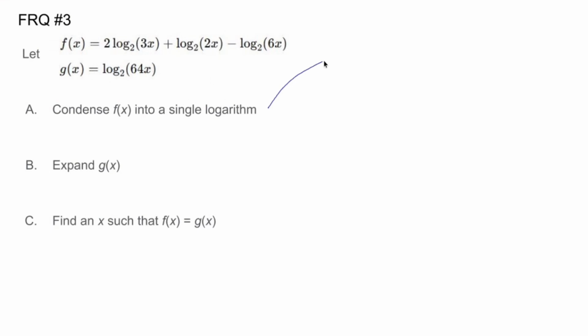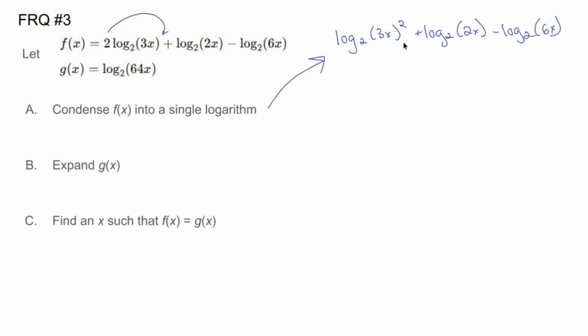So I'm going to need some space, so I'm going to write this over here. The first thing that I want to do is take that 2. Any coefficient that you see in a log, you're going to make an exponent. So step number 1 is going to turn that first term into log base 2 of 3x squared. We're not going to touch the other two yet.